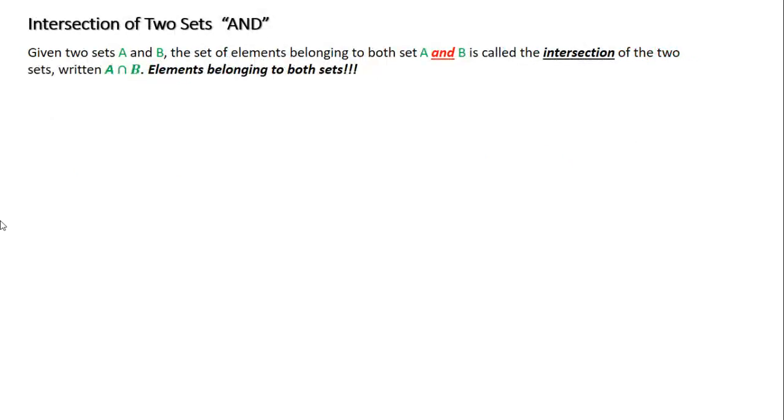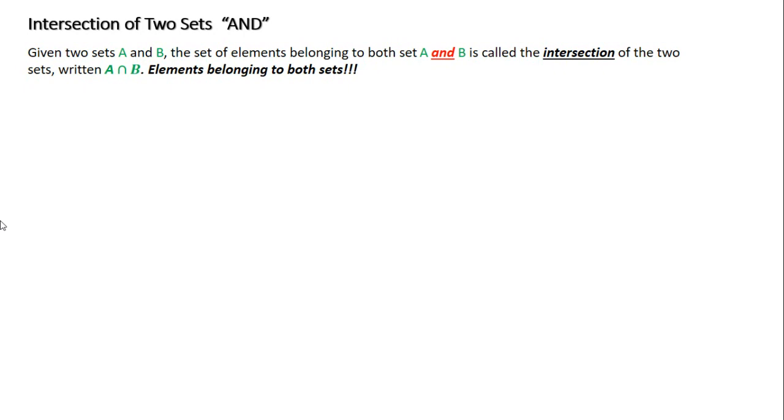Okay. All right. So another definition to get us familiar with Venn diagrams is the intersection of two sets. The definition here: if we are given two sets A and B, the elements that belong to both sets, we say that A and B, this is called an intersection.